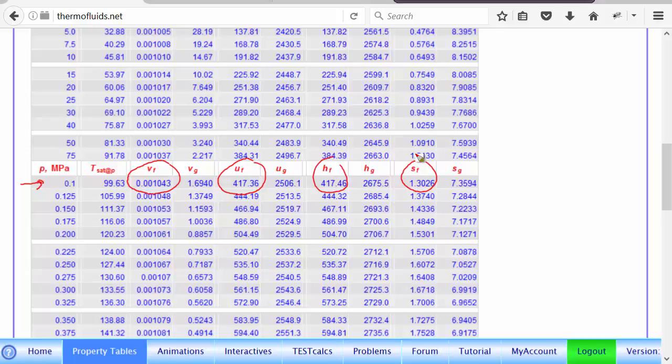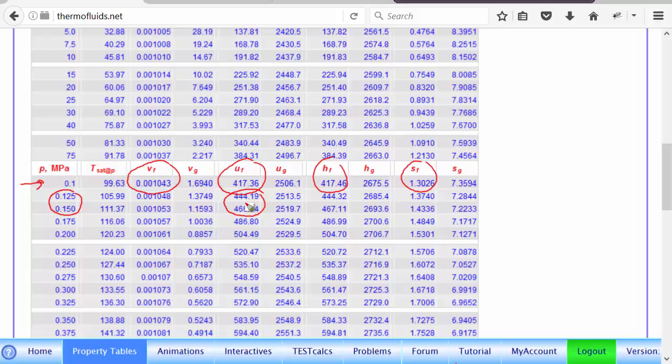Notice that if the pressure was not 100 kPa, suppose we are given a pressure of 130 kPa, which will be somewhere in between these two pressures. In that case, we have to interpolate between values. So to find the value between this and this, we have to find some number in between. Instead of spending a lot of time trying to interpolate, what we should be doing in that case is just guess what will be a reasonable number in between.